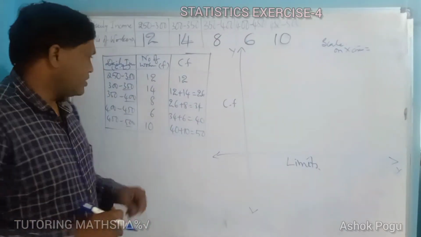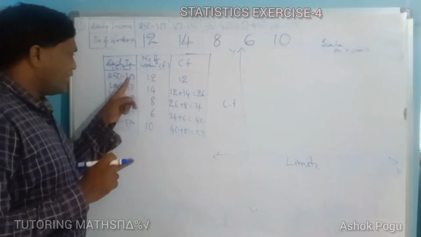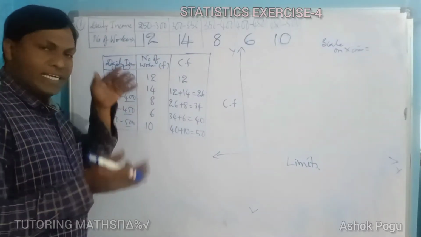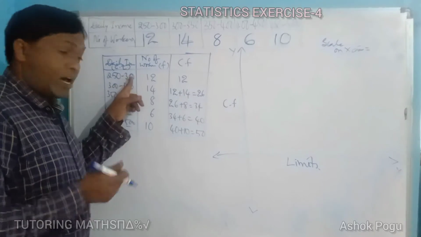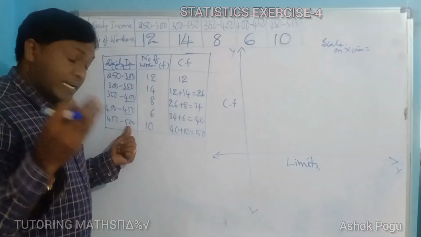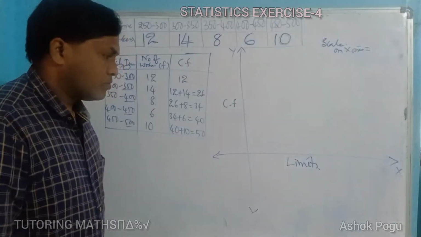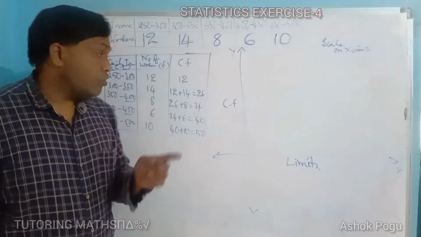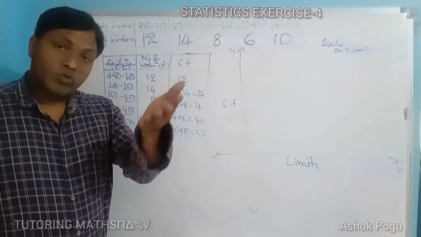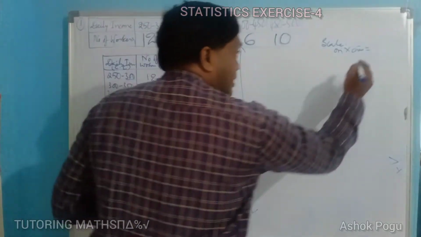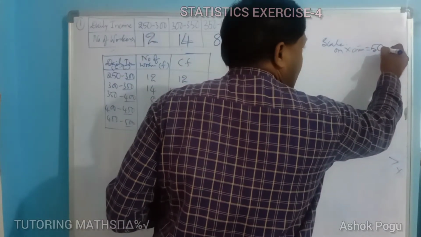Check the limits first. What are the limits here? 300, 350, 400, 450, 500. So the height of the classes is 50, the smallest is 300 and the greatest is 500. Therefore, here height is 50. So on the x-axis, you take 1 centimeter equals 50 units.